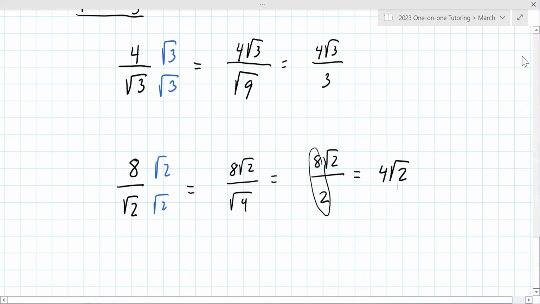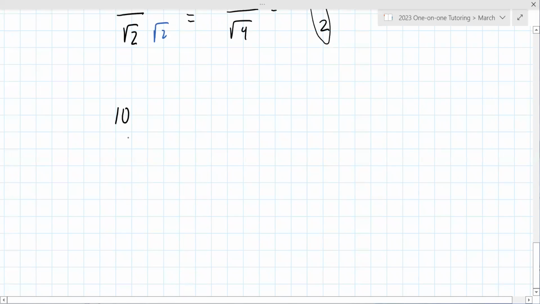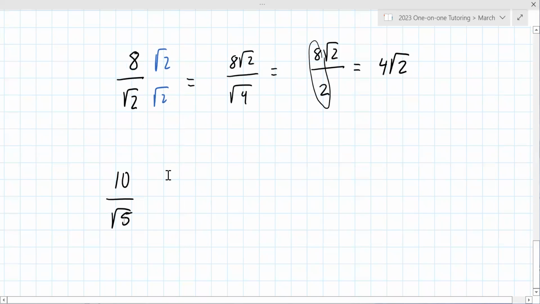Let's try another one here. Let's have you do 10 over the square root of 5. Why don't you try this one on your own, please?